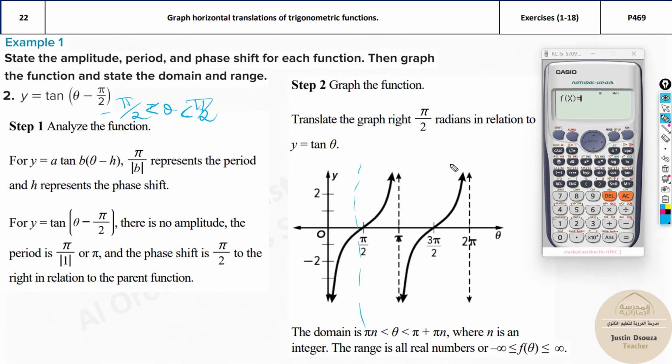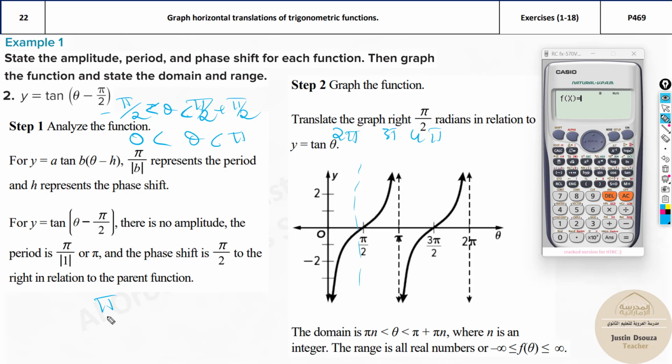But since the period here is shifted by pi by 2, we need to add this up to over here. The domain changes. It's at pi and this will be 0. So it's theta like this. But we can't write only over here. Then again at 2 pi, and again at 3 pi and 4 pi, and so on. It keeps on varying every pi. So what we do is we write only pi.